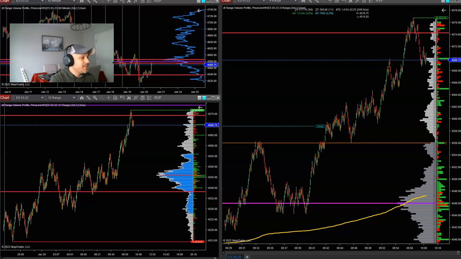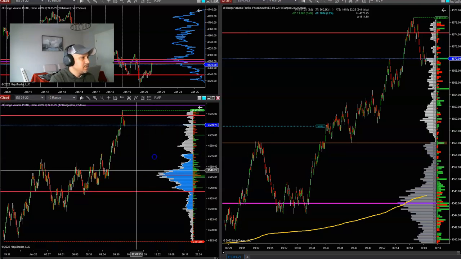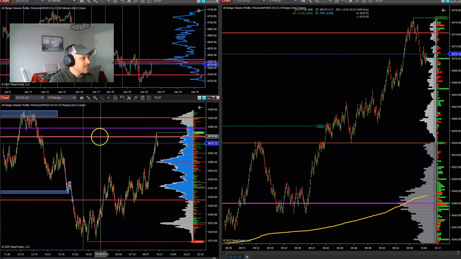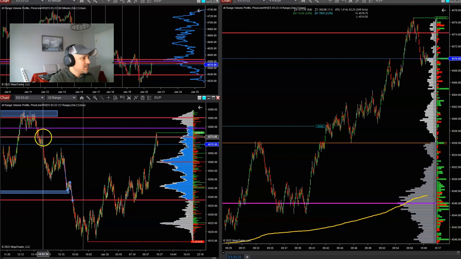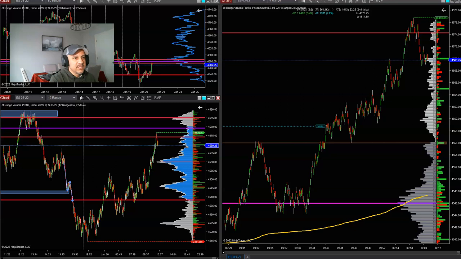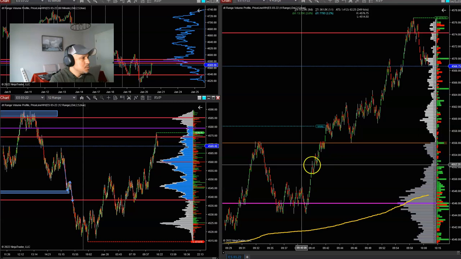Just looking to see if we can scalp this area. I need to look at the higher time frame, though, my 12 range here. Okay, so we're bouncing off an area of resistance right now, which is cool. So let's see what the market does here. We could push lower. Okay.